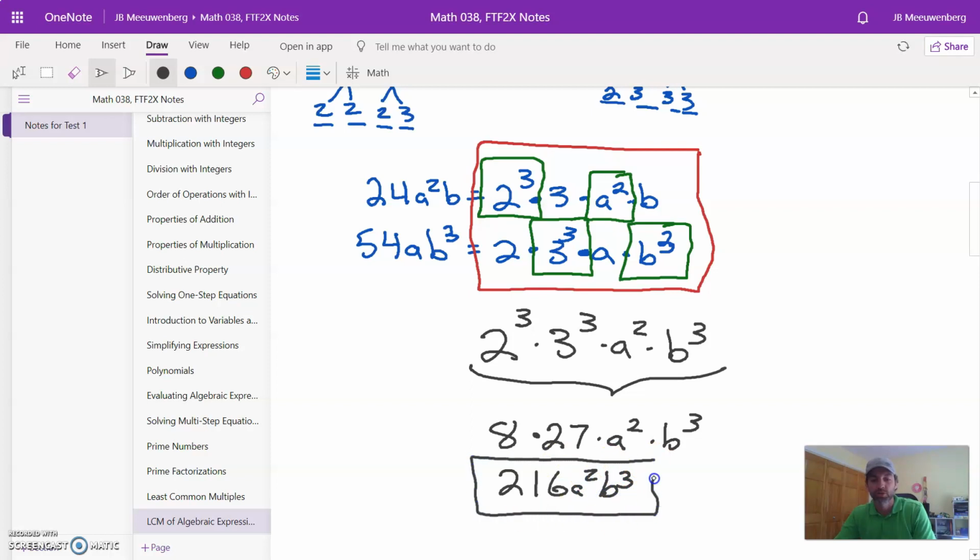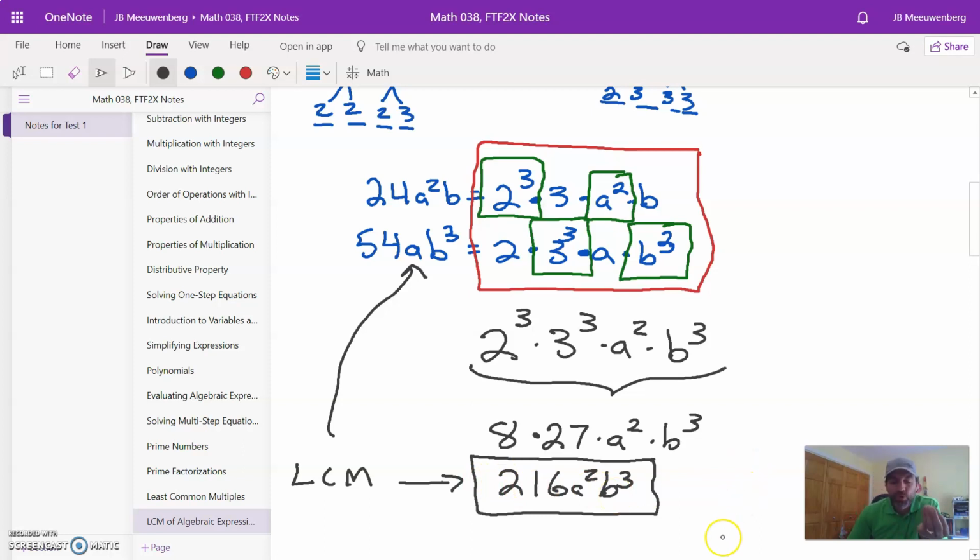That term, that mathematical expression right there, is the least common multiple for these two individual terms. These things both fit in nicely to 216a squared b cubed.